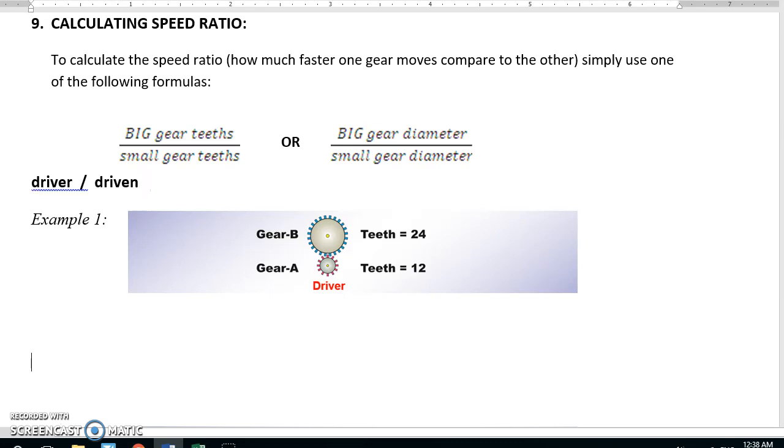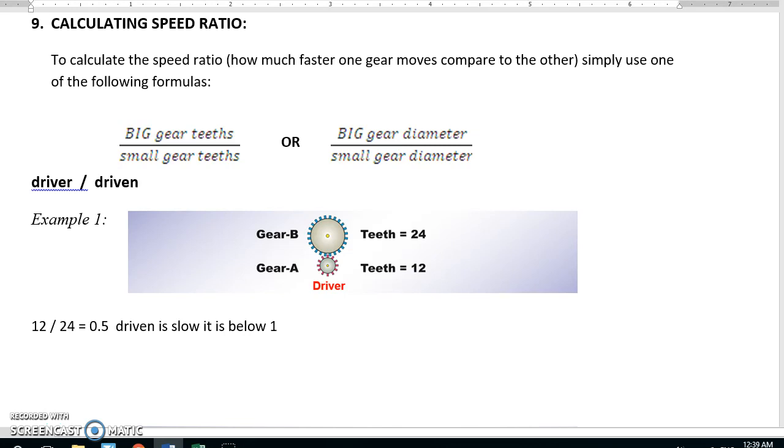If you follow that formula down here, gear B is the driven and gear A is the driver. Following the formula I just gave you, driver over driven, you do 12 divided by 24, which equals 0.5, which means the driven is slow because it is below 1.